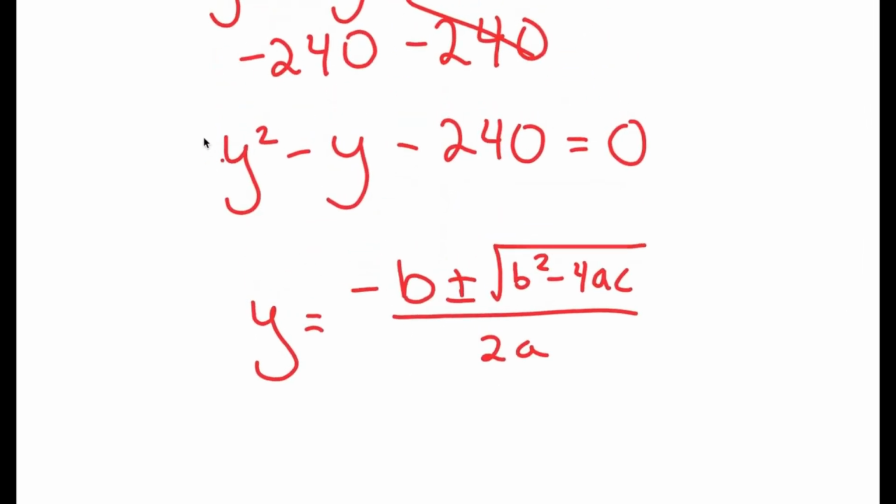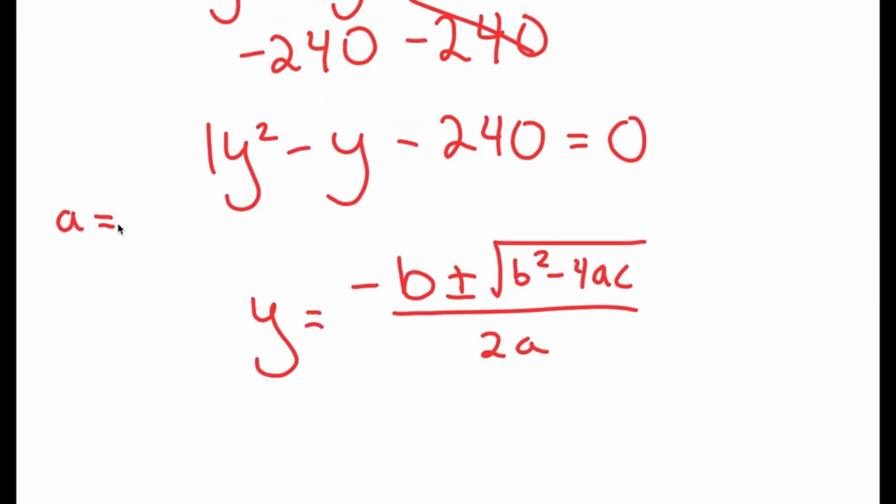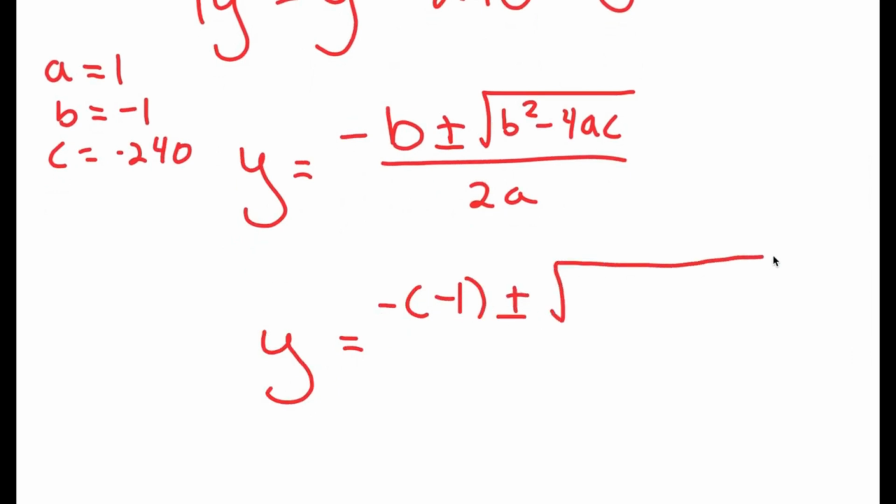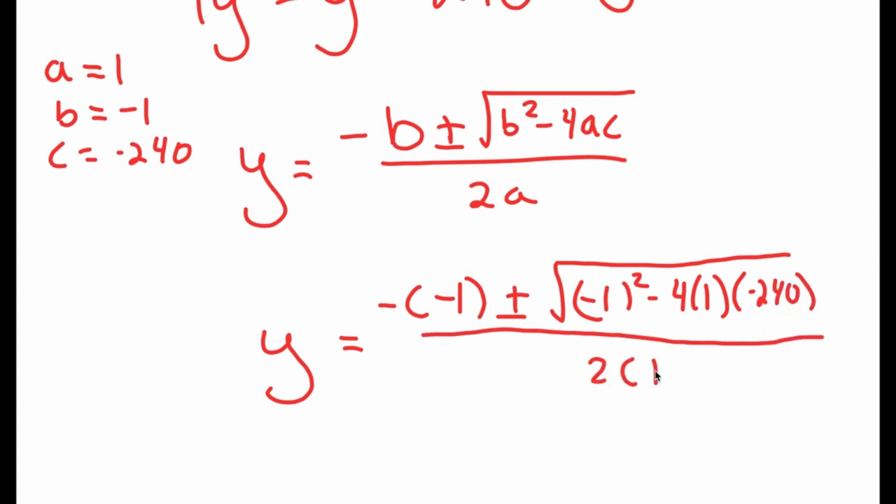So in this case, looking over here, a is 1, b is negative 1, and c is negative 240. So I get y is equal to negative of negative 1 plus or minus the square root of negative 1 squared minus 4 times 1 times negative 240, all over 2a, so 2 times 1.